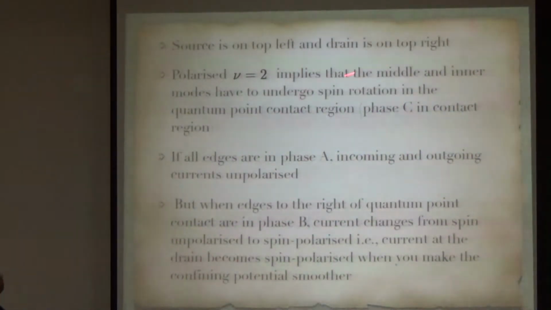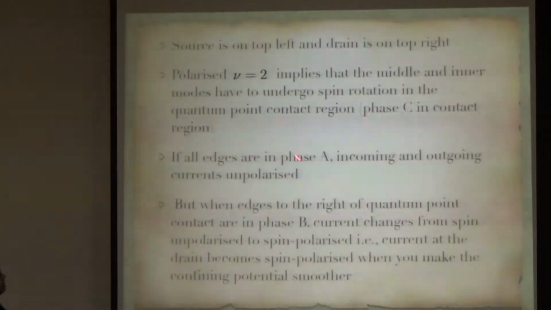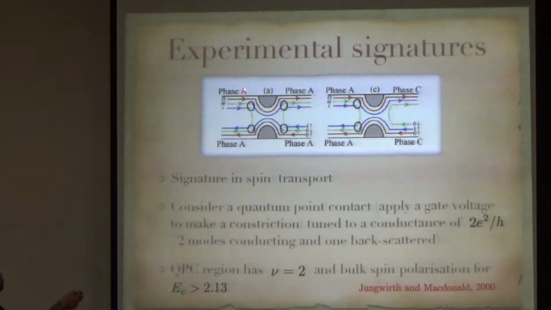polarized nu equal to 2 implies that the middle and inner modes have to undergo spin rotation in the quantum point contact region. And so if all edge phases are in phase A, then the incoming and the outgoing currents are unpolarized, because the incoming current is up and down, and the outgoing current is also up and down, so it remains spin unpolarized.